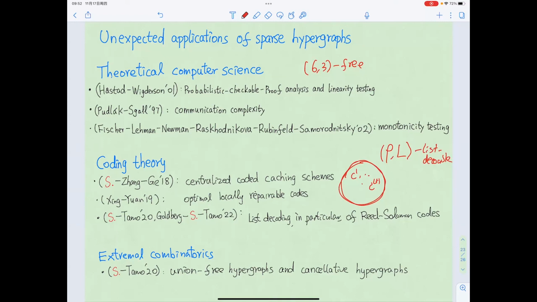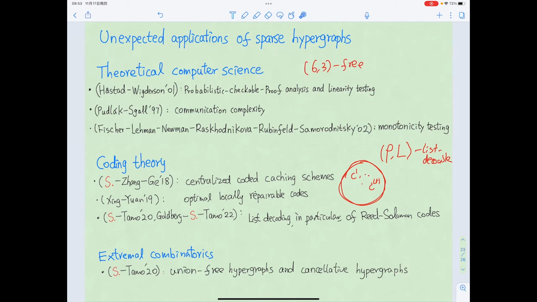So you can imagine that you can view these vectors as hyperedges of some hypergraph. A small Hamming ball or a small ball containing many code words is equivalent to saying that those hyperedges are clustered together. This means that the size of the union of these edges is small, while this is the intersection.